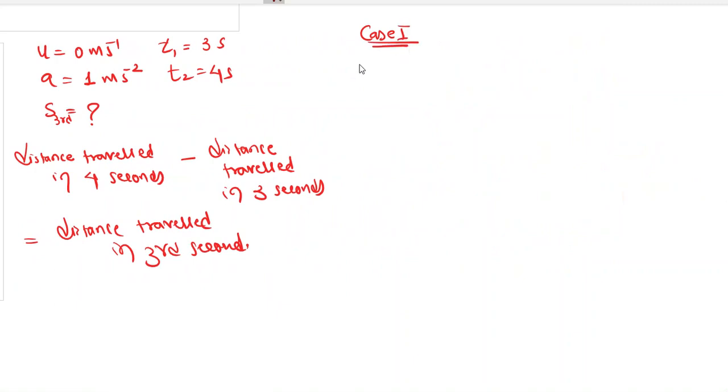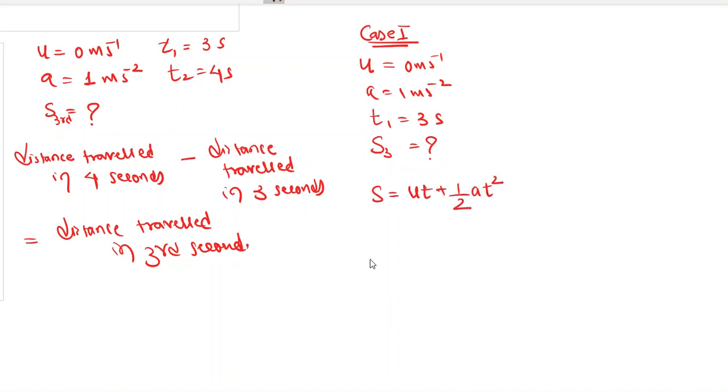In case 1, the initial velocity is 0 meter per second. The acceleration is 1 meter per second square. And the time is 3 seconds. And we have to find the displacement after 3 seconds. The displacement after 3 seconds will be S is equal to ut plus half at square.